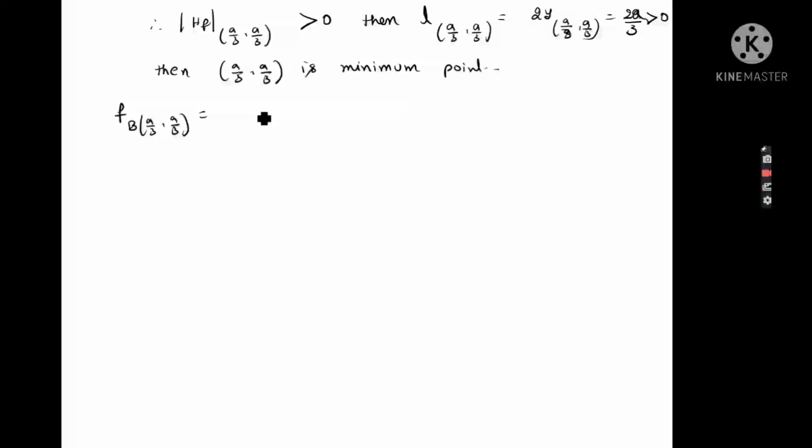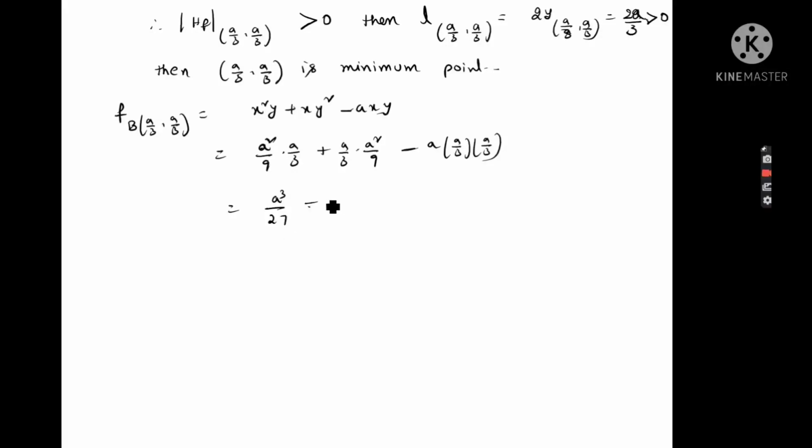Okay. Immediately we find F at B (a/3, a/3). What is F? x square y plus x y square minus a x y. So this equals a square by 9 into a by 3 plus a by 3 into a square by 9 minus a into a by 3 into a by 3. This equals a cube by 27 plus a cube by 27 minus a cube by 9.